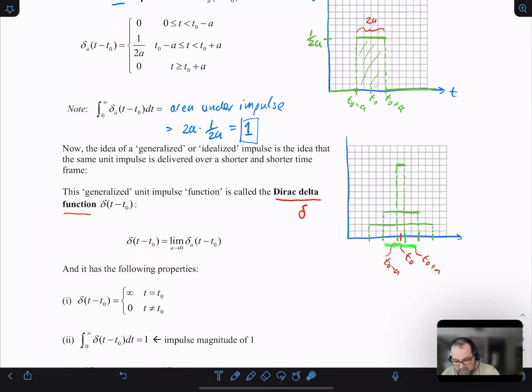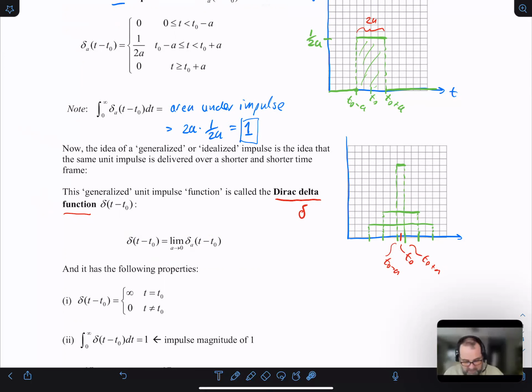If we shorten that interval, the function becomes taller. As a goes to 0, we get a skinnier and skinnier impact interval, but by necessity, the magnitude of this function must grow to maintain a unit impulse underneath. The limit of this process is called the Dirac delta function.